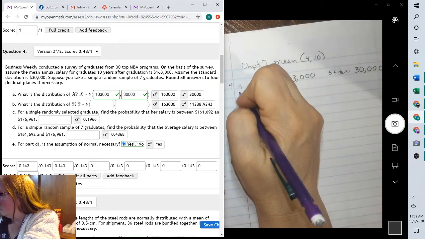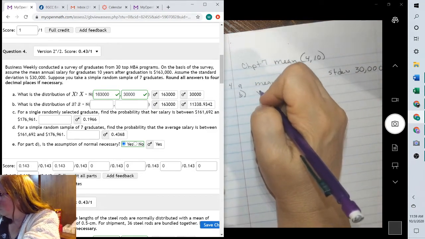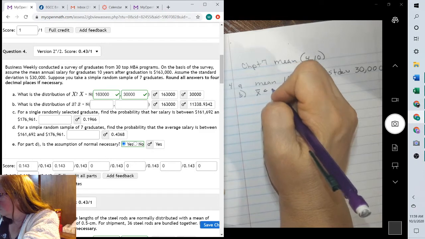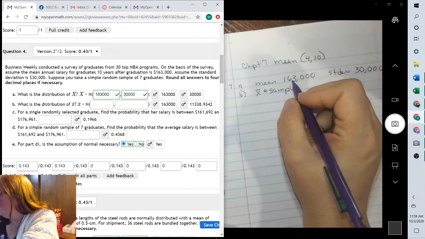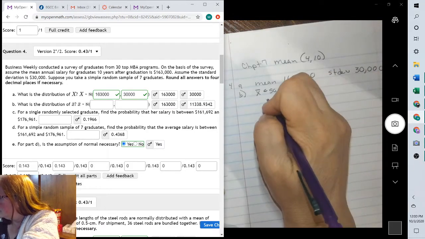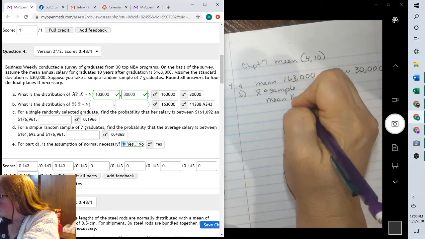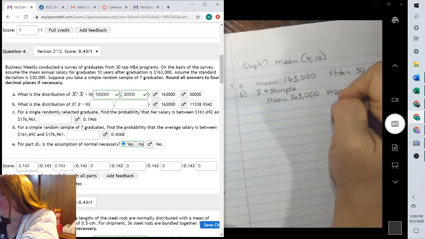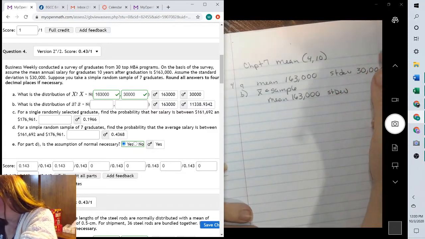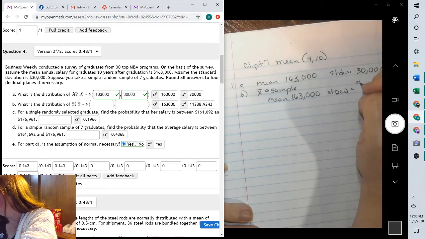Now, when you have a sample, for a sample, the mean stays the same. But the standard deviation is the previous standard deviation divided by the square root of the sample.